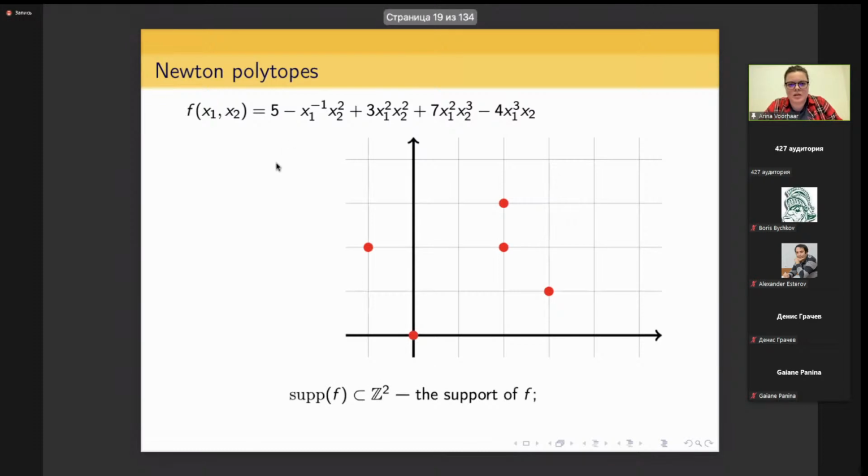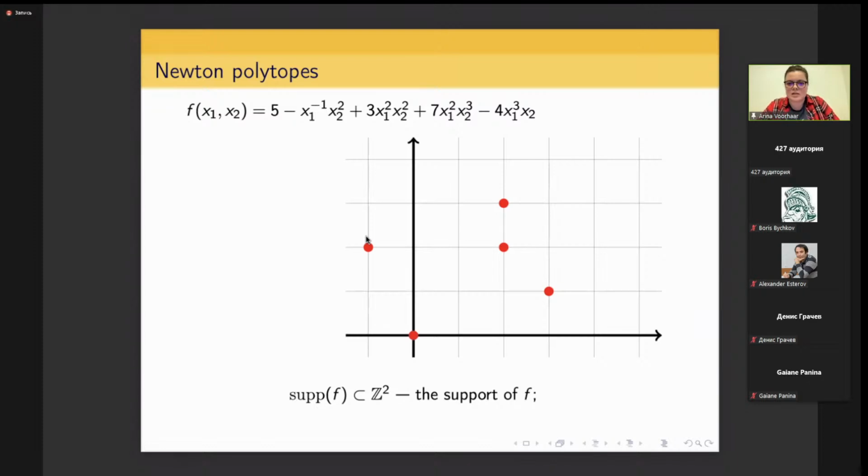So for example, the free term 5, which has the variables x1, x2 in degree 0, 0, corresponds to the point (0, 0), and say for the monomial x1 inverse x2 squared, it's the point (-1, 2). We do this for all of the monomials in our polynomial, and we get a finite set, which we call the support.